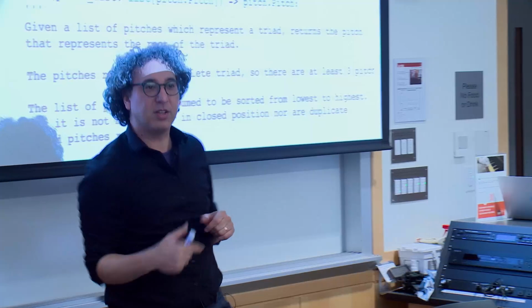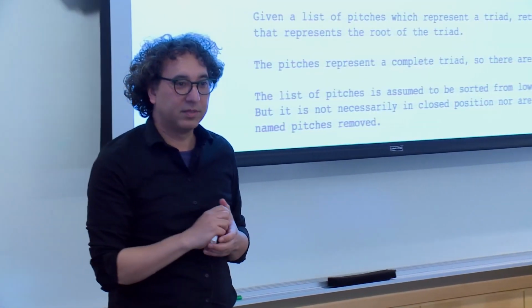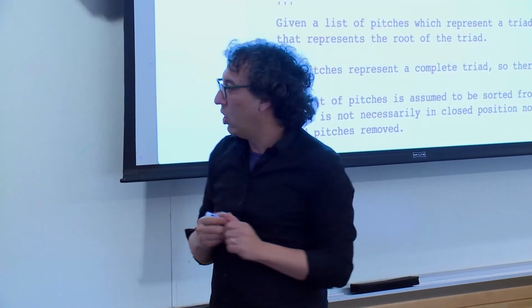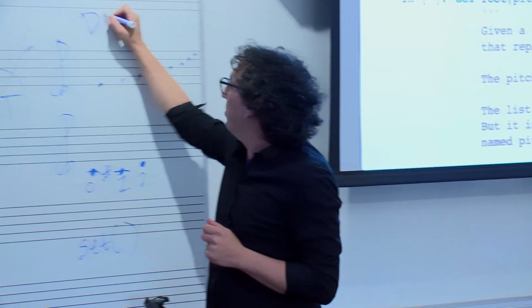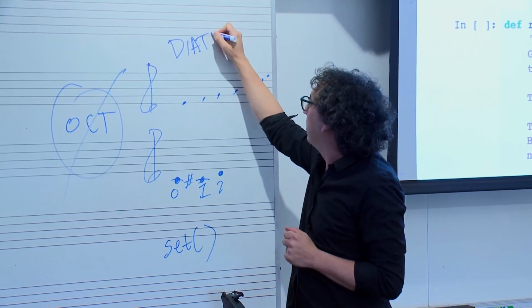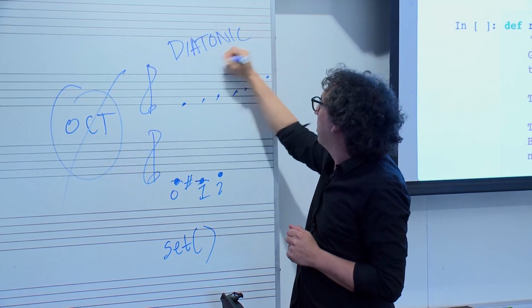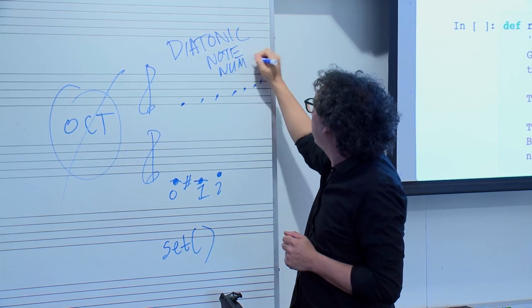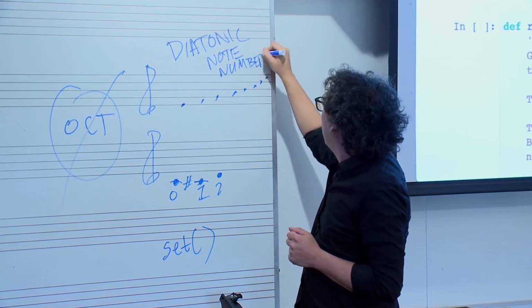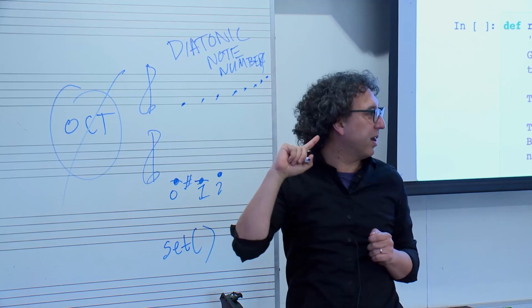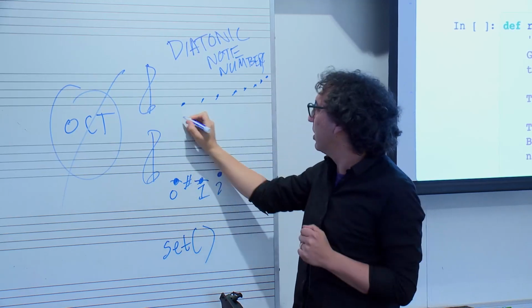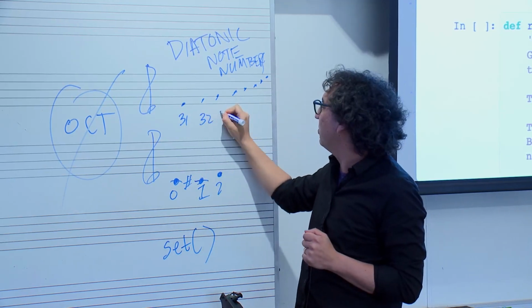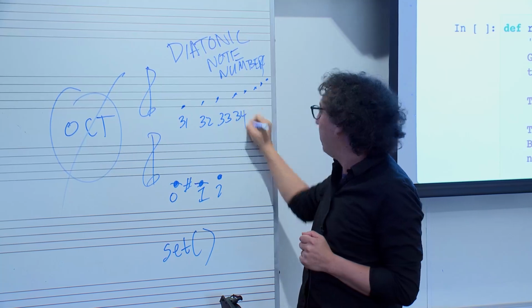Just want to spread it around. Yes. Good. Mine was similar, but I used the diatonic note numbers instead. Diatonic note numbers, so that you have something like, and I can't believe there's a brain cell in my head that remembers this, 31, 32, 33, 34.